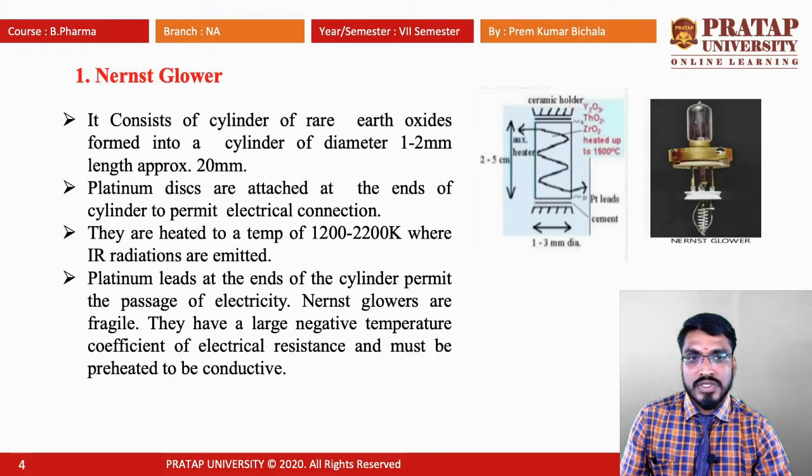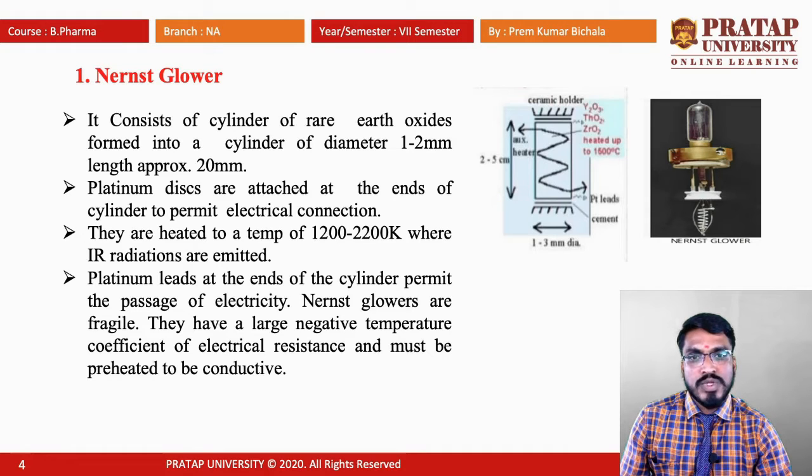Just go through the pictures. So the arrangement or the construction of the Nernst glower, we can see in the picture. It majorly consists of a cylinder of rare earth oxides formed into a cylinder of diameter 1 to 2 millimeters, length approximately 20 millimeters.